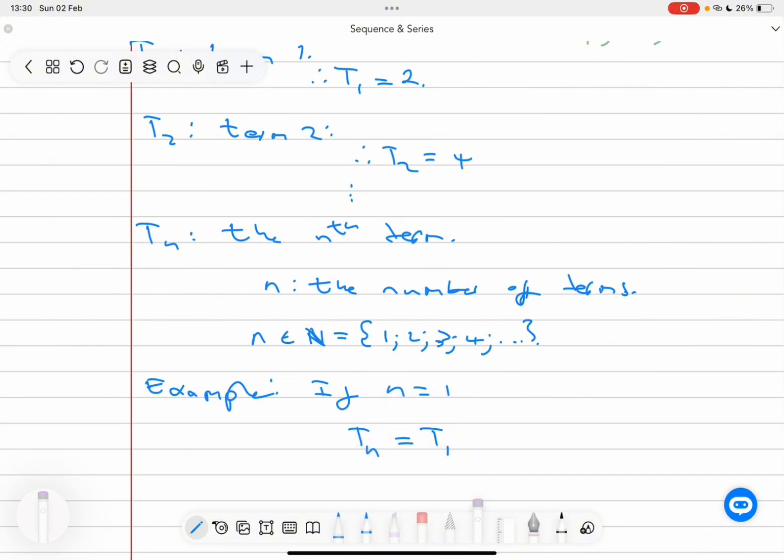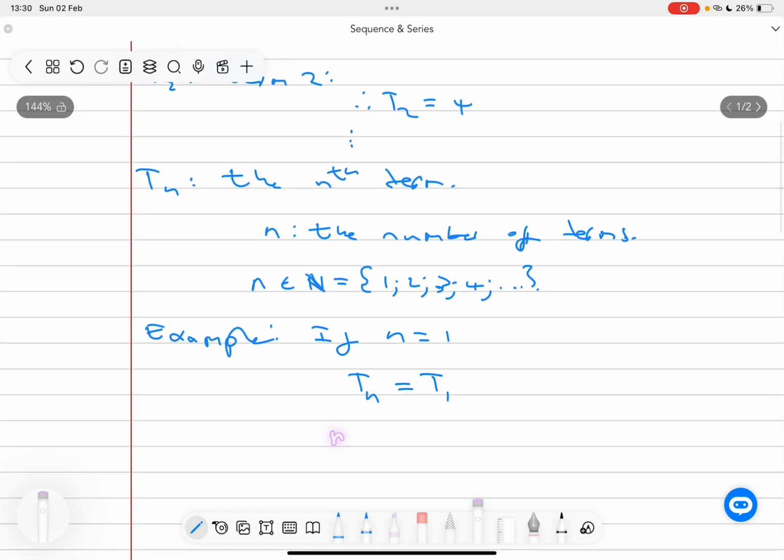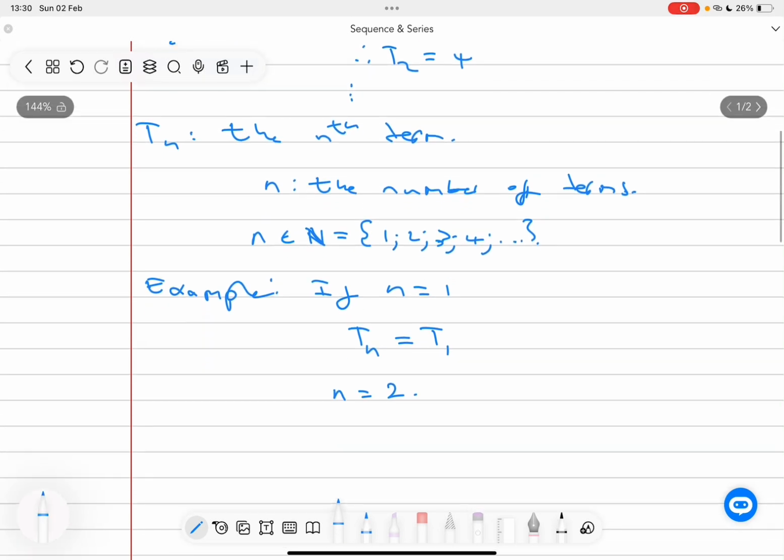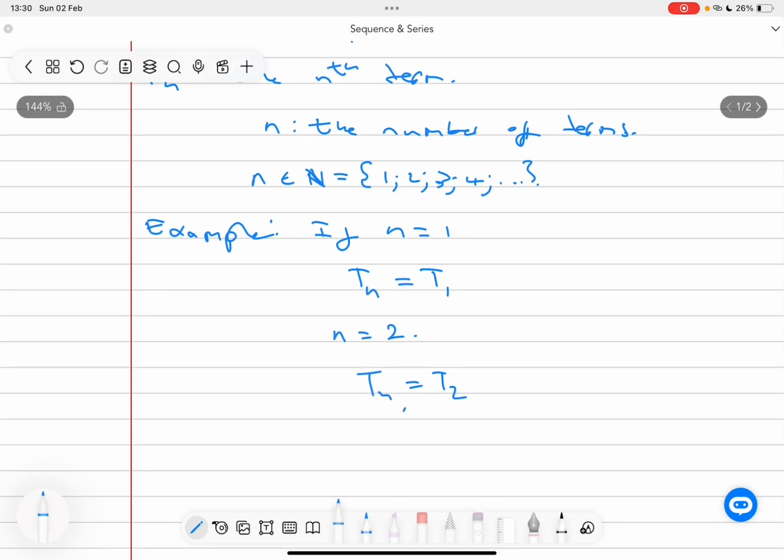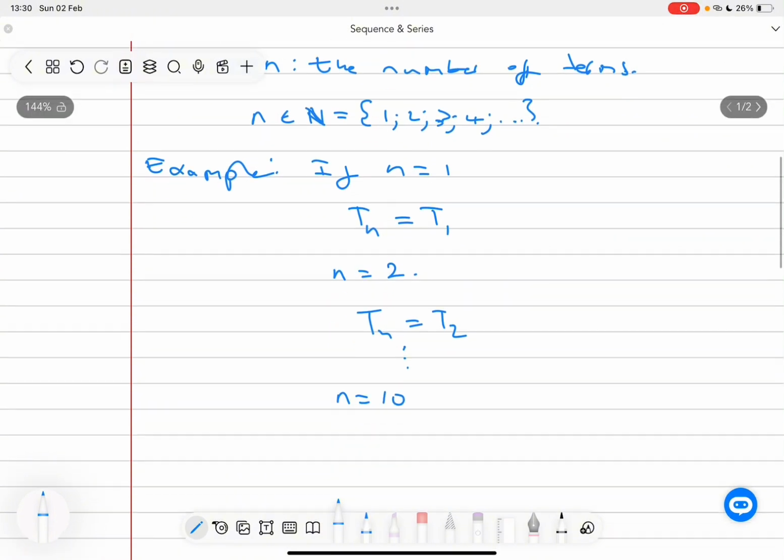The first term. If n is equal to 2, then I'm going to have Tn to be given by T2. Again, I just took n and replaced it by 2 because I'm saying n is equal to 2. I can continue doing this maybe up until, let's say, n is 10 for instance.